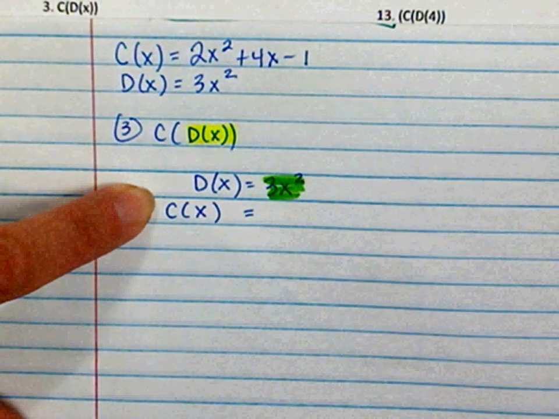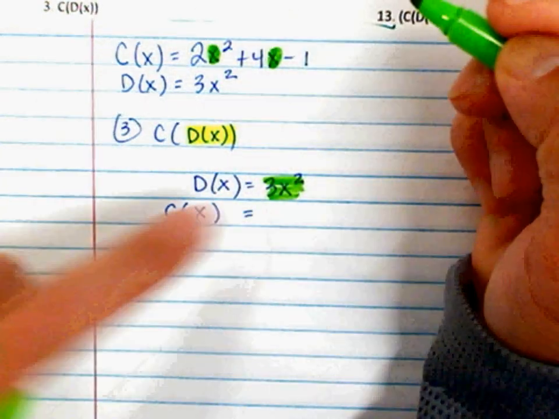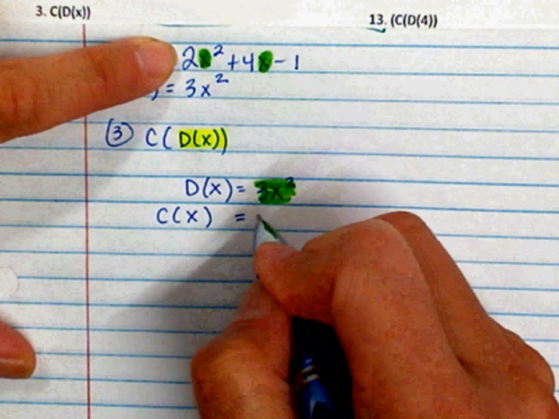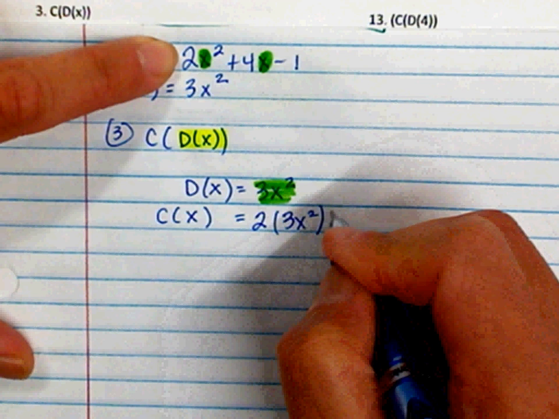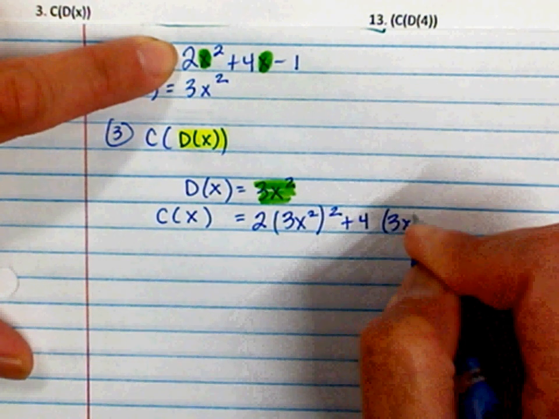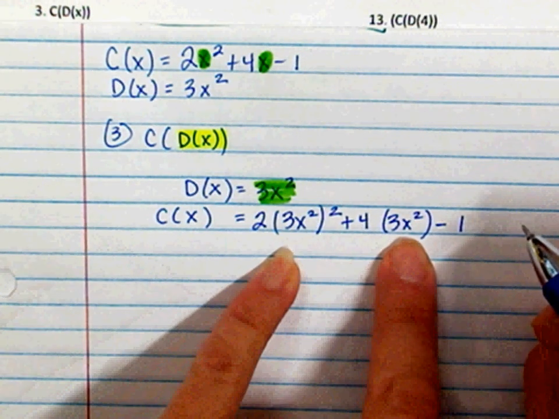So wherever I see an X in C, I'm going to plug in 3X squared. See what I mean? All right, so you have 2 times 3X squared plus 4 times 3X squared minus 1. Did you see how I just plug in wherever I see an X?